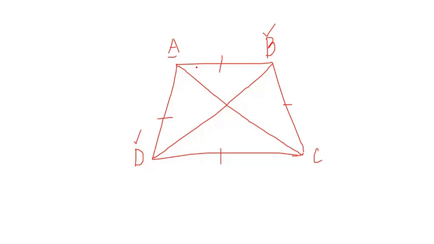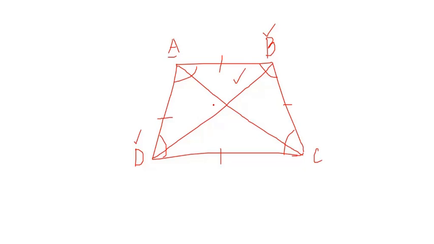After that we consider what the sum of the 4 angles of a quadrilateral is. The sum of the 4 angles of a quadrilateral is 360 degrees. When we join opposite vertices in a quadrilateral, we get a diagonal, and the diagonal divides the quadrilateral into 2 parts.